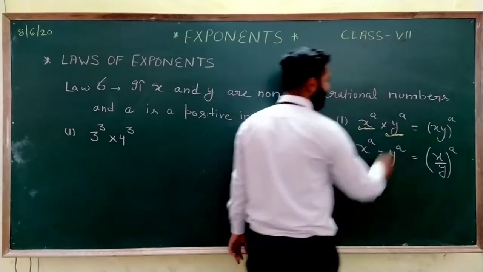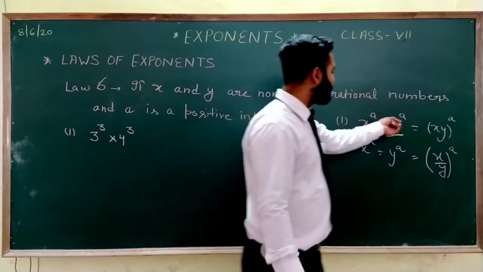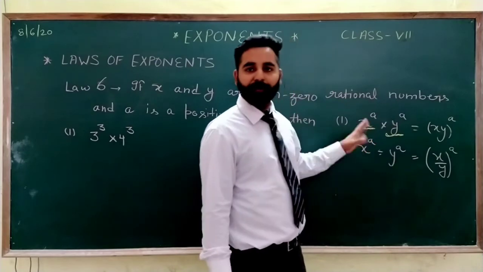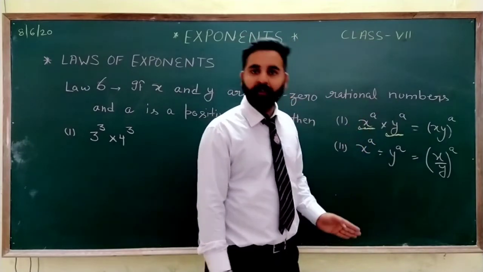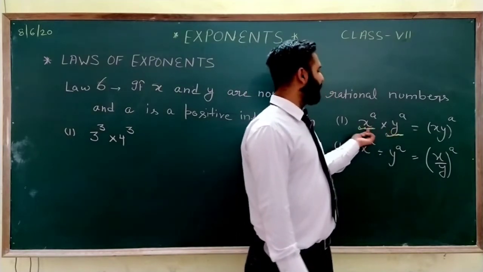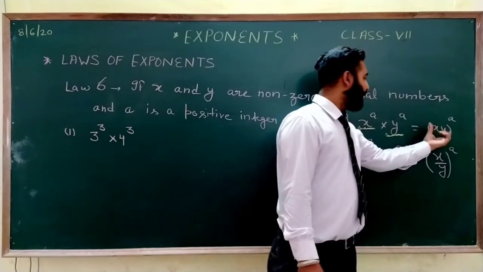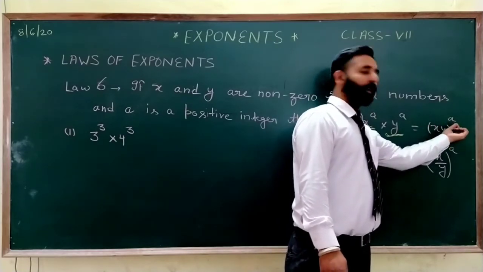As you can see, x and y, the bases, are different but powers are same. So whenever you get different bases but same power, then you simply multiply the bases, like here we have done x multiplied by y, and give a common power to the product.